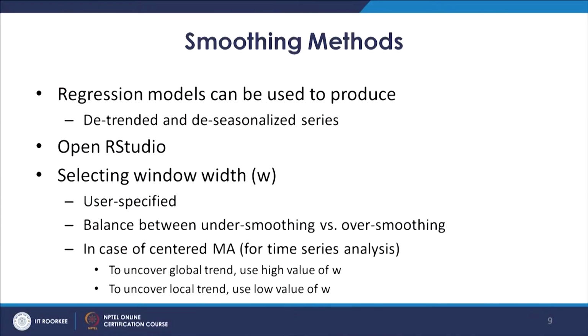Specifically, we talk about the centered MA that is typically used for time series analysis. To uncover the global trend, we can use a high value of W, because the global trend is typically going to be applicable in the longer term. If we keep a higher value of W, the averaging out will happen over more observations, and therefore there are more chances that we would be able to uncover the global trend.